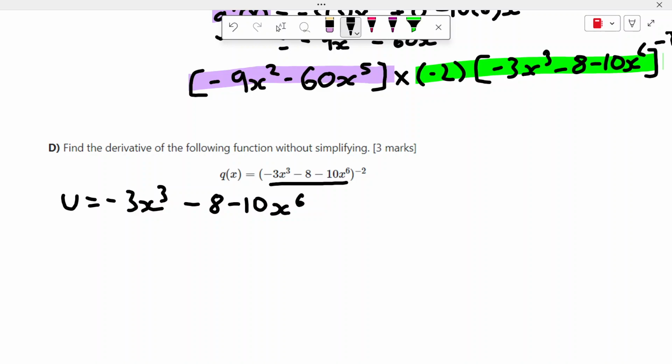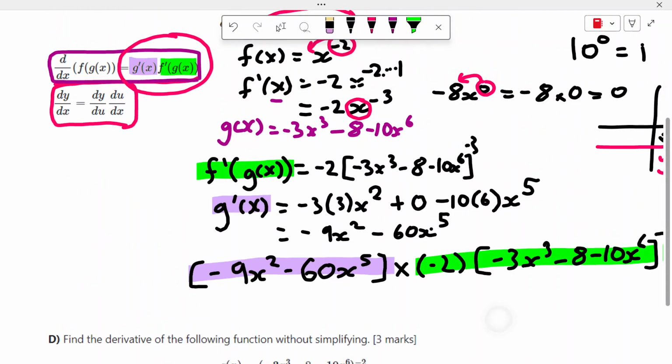Then we can have q in terms of u. So we substitute it out, literally pick up all of this and put a u in instead. And that would be u to the minus 2. So you can see the similarity from further up.